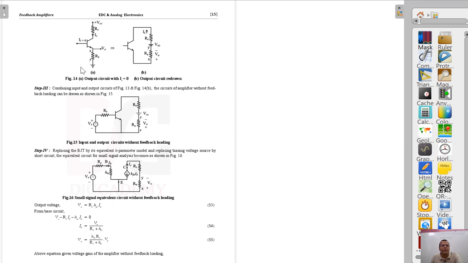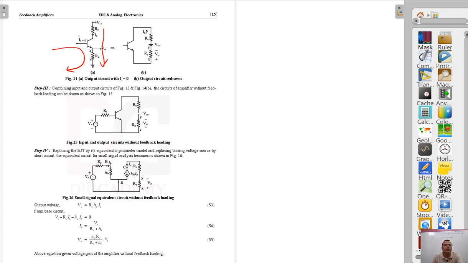I am drawing just the output side, the collector side of the BJT. This part of the circuit is the output circuit, and this part is the input circuit. I am trying to identify the output circuit without feedback loading.